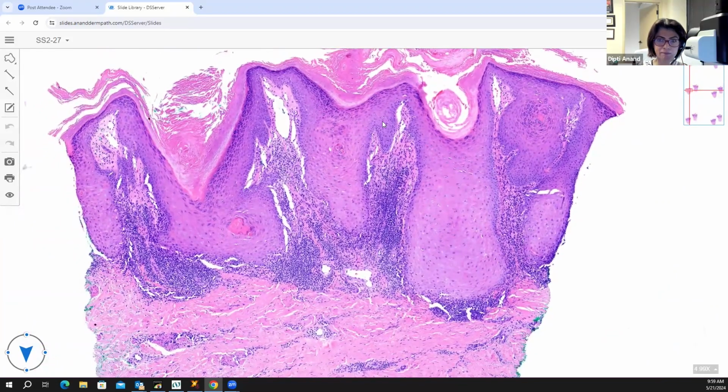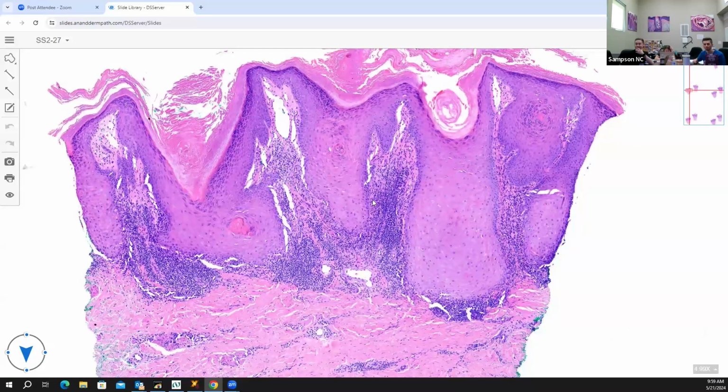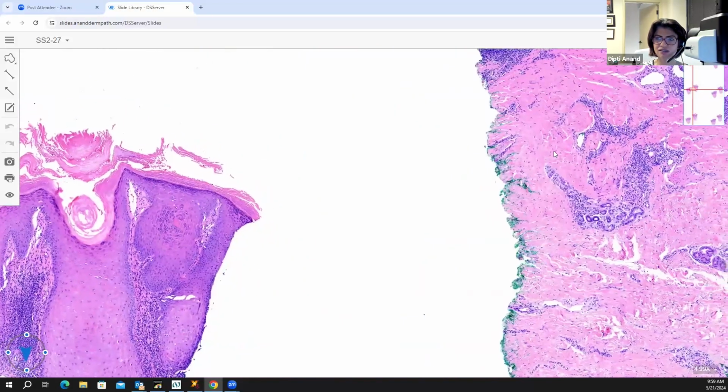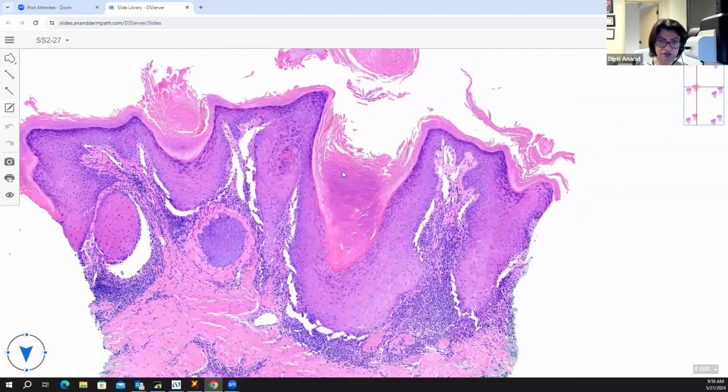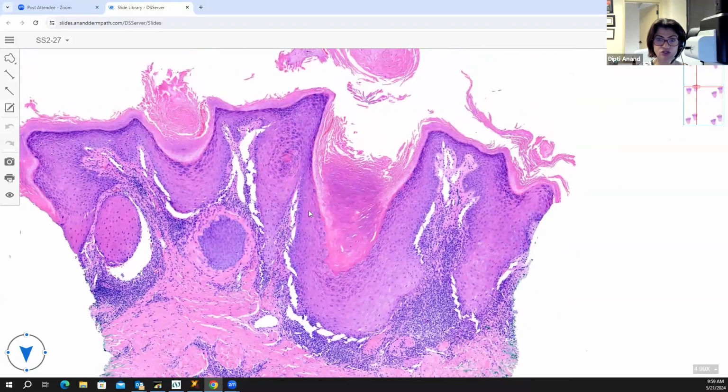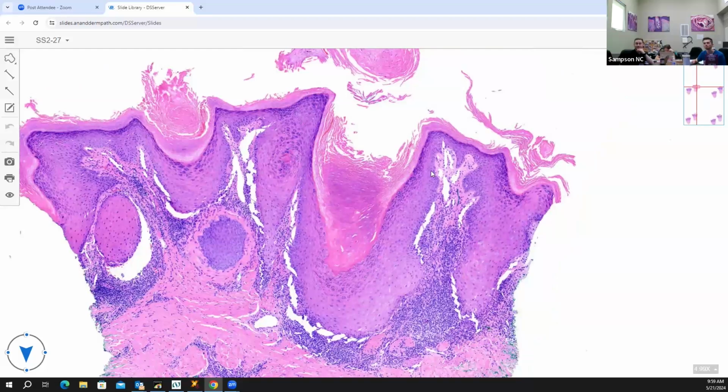Marked acanthosis, hypergranulosis, everybody agrees. If you're paying attention to the epi, you will see marked irregular acanthosis and hyperkeratosis. You beautifully described the hypergranulosis. See the hypergranulosis?